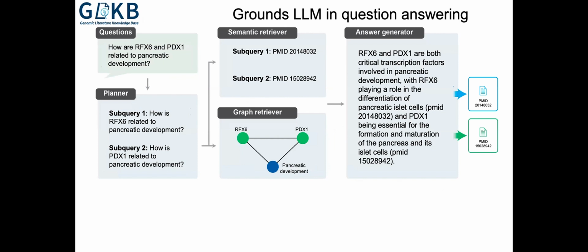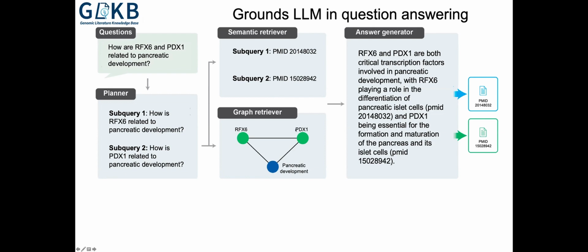So how can we ground our large language model in question answering? This is really the power of the knowledge graph. When we answer biomedical questions, we can always refer to the real PubMed articles. For example, right now we are asking the question: how are genes RFX6 and PDX1 related to pancreatic development? The planner will break this question into 2 subqueries and then identify 2 papers.